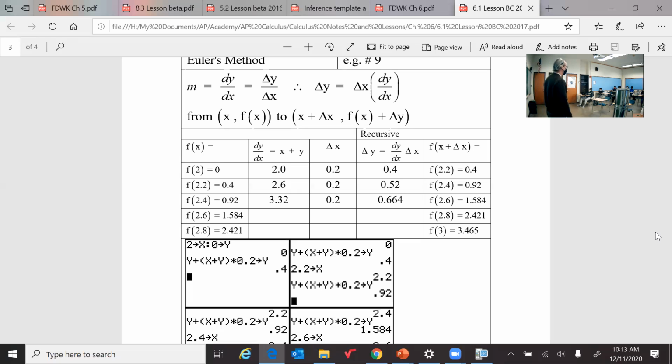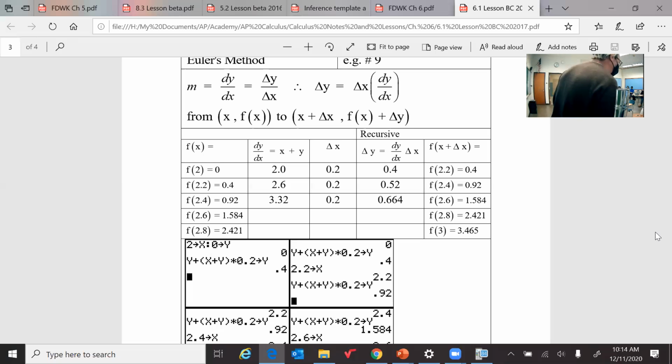The question asks us to keep going until we get to x equals 3, and the height to three decimal places is 3.465. That's what they're looking for: the height of the end of the last line segment, linearizing the whole time.